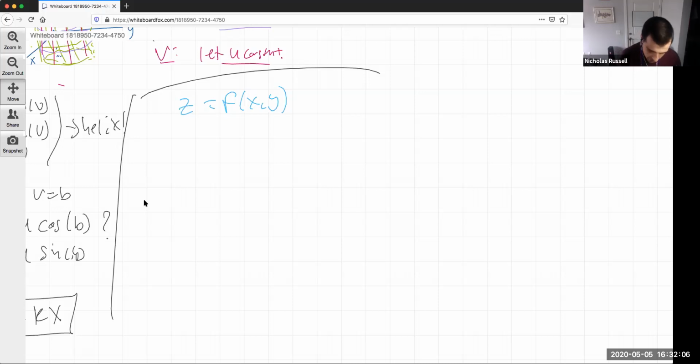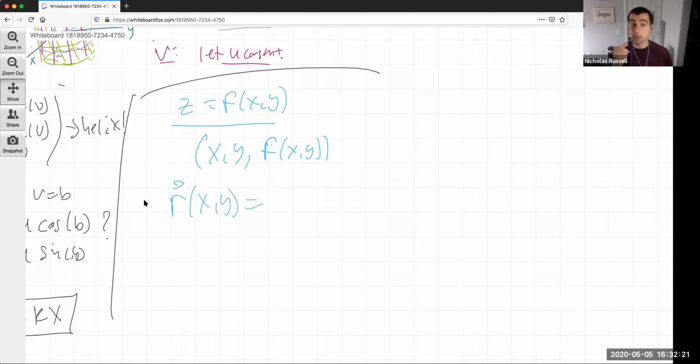So with this in mind, what's really nice is I can describe every single point, I hope you'd agree, where I give you the x and y, and then I can give you the z. So I can describe my parameterization of this surface, whatever this surface is, in terms of x, y, and whatever f of x, y is. It's a very simple parameterization.